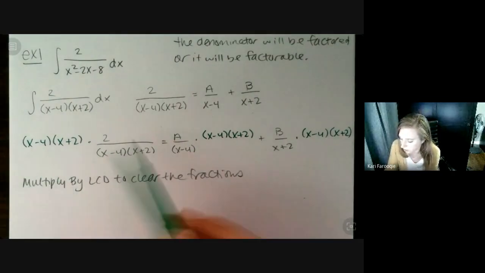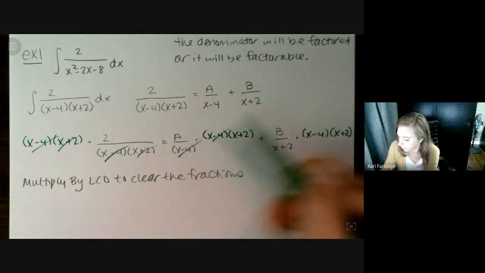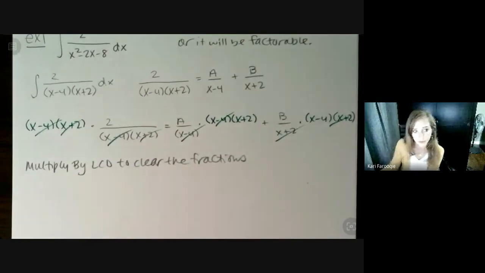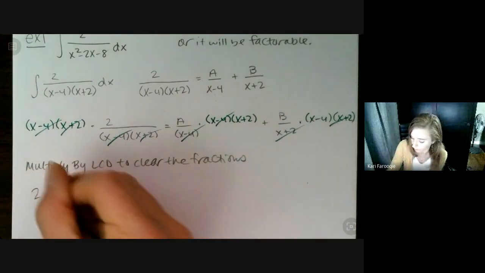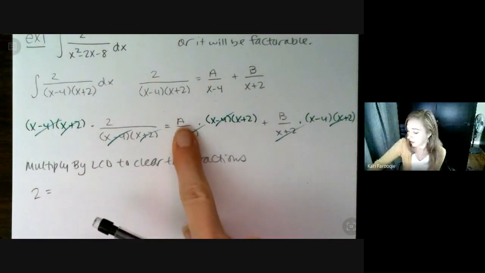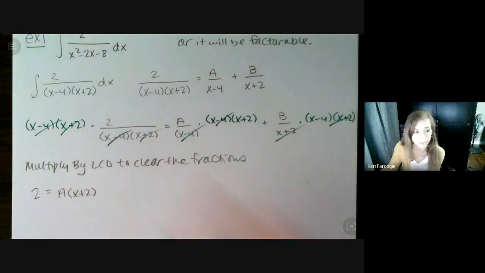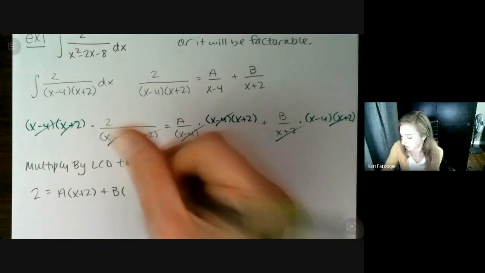Okay, when you do that, you're going to cancel out your common factors. You're going to rewrite it. On the left-hand side, all you have left is this 2. And on the right-hand side, you have a times x plus 2, leave it factored, and then plus b times x minus 4.